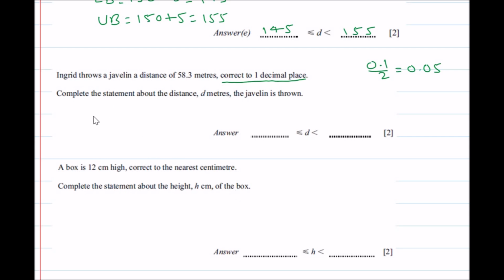Now to find the lower bound, we will be subtracting 0.05, right? So lower bound is equal to 58.3 minus 0.05, and that will be 58.25.